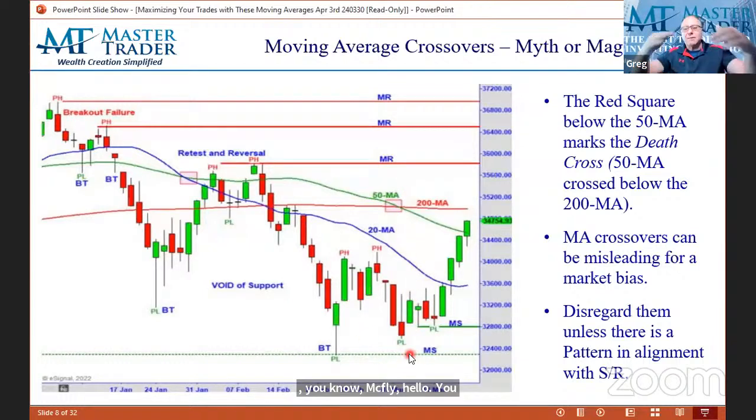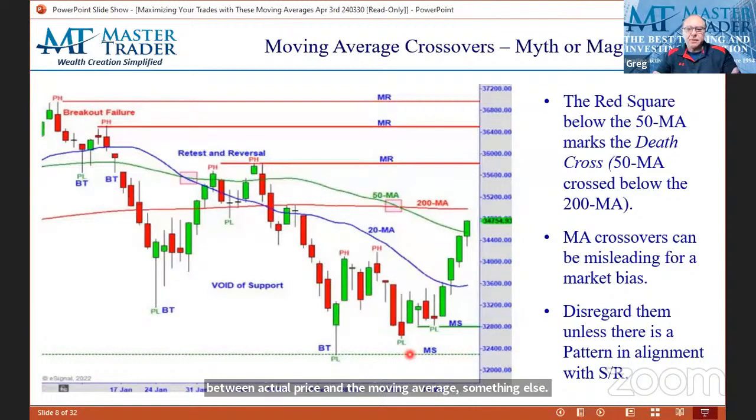Whereas if it was going flat, and Dan Benjamin is asking, he loves moving averages, how do you stay out of choppy markets? Separation between actual price and the moving average, something else? Well, you don't need anything else. If you see price bars overlapping each other back and forth like that, obviously it's chopping around.